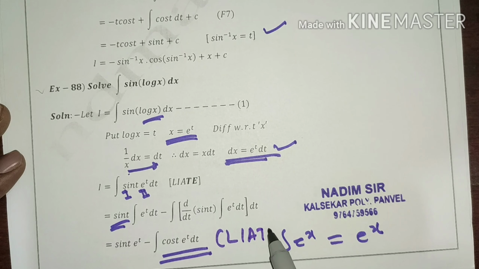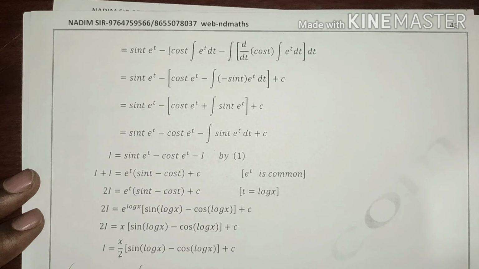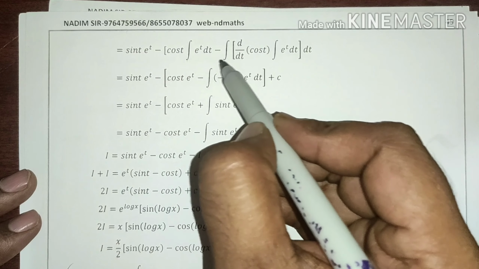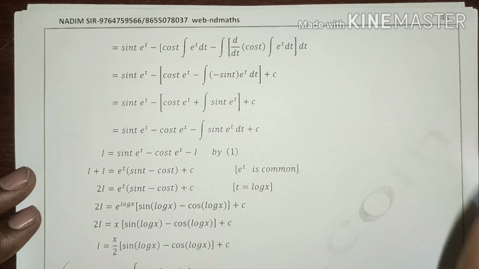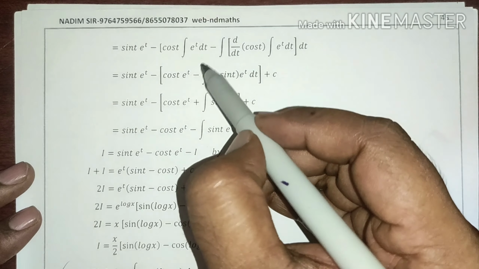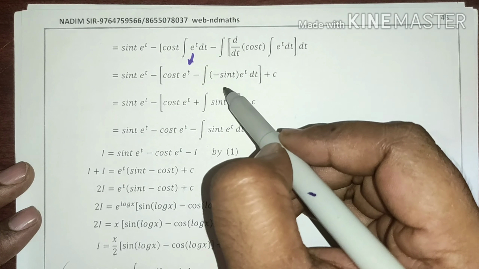ILATE rule: the trigonometric function is first. This is the first function, and this is the second function. We have first function times integration of second, minus integration of derivative of first function times integration of second function. The integration of e raised to t is e raised to t. The derivative of cos t is minus sin t.